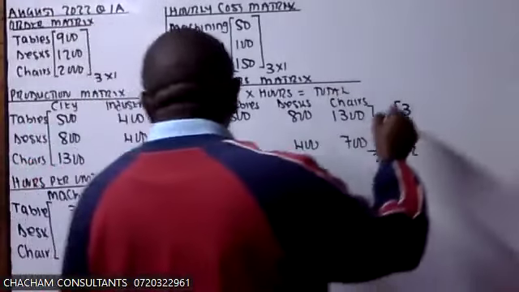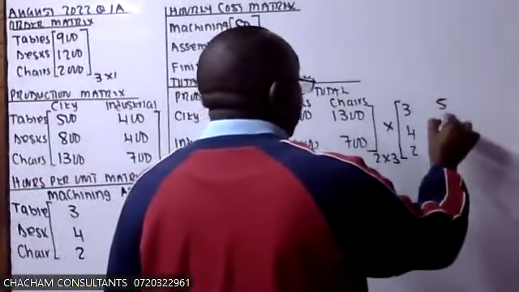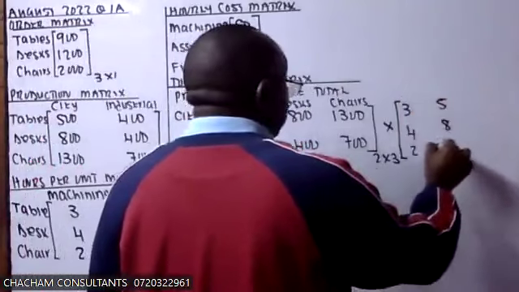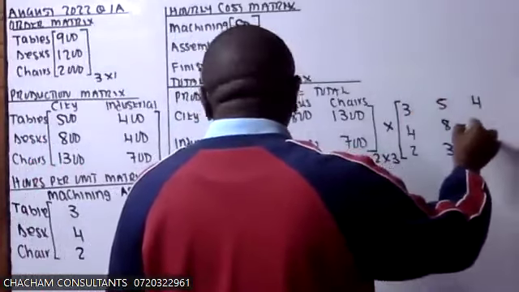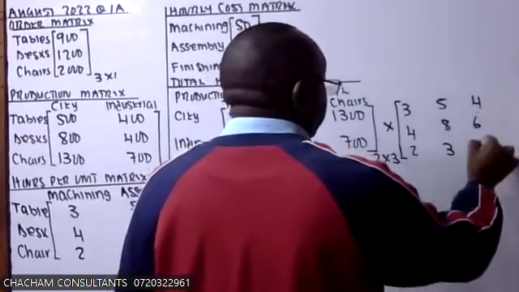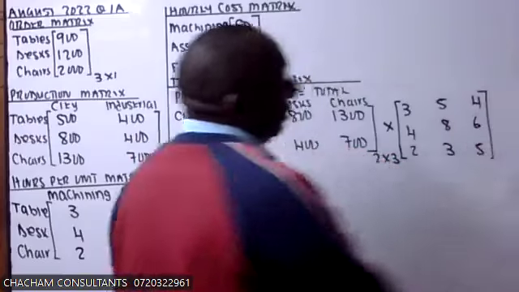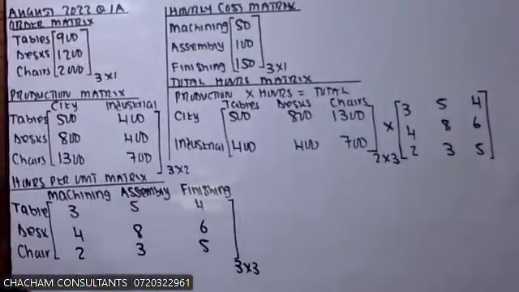So this is 5, 8, 3, 4, 6, 5. So I now multiply.